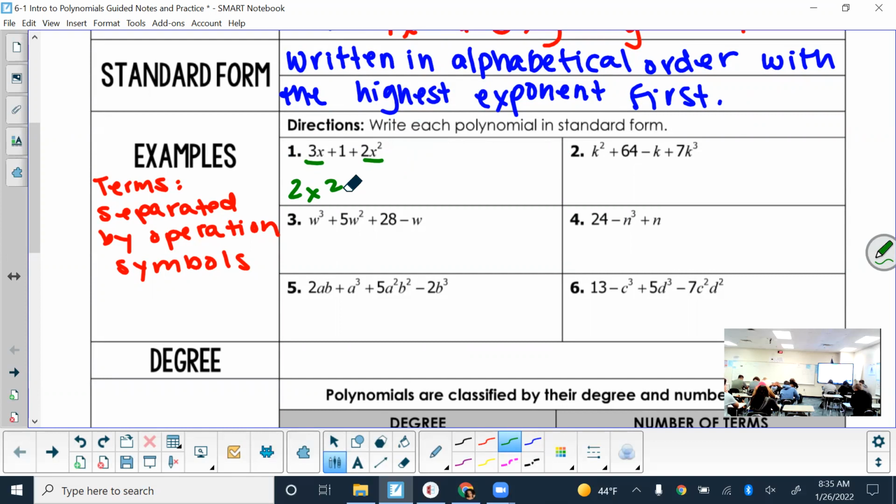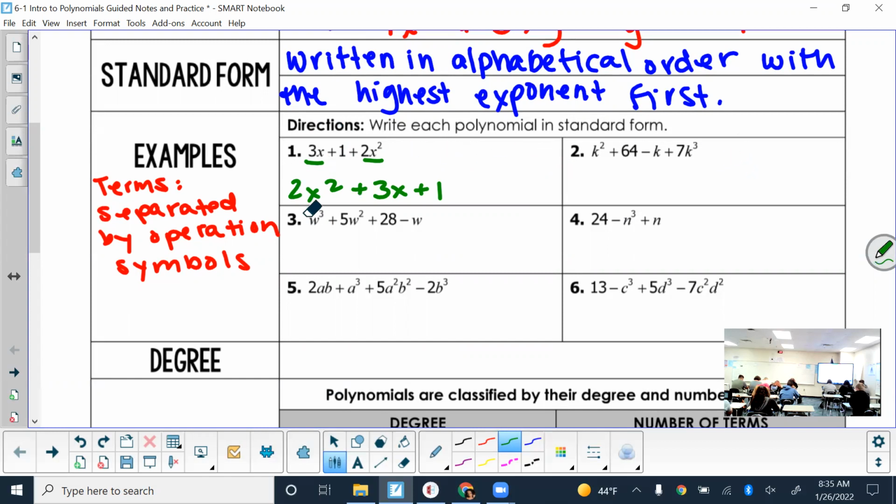Make sense? And then what would be written next? 3x, and if it's a positive 3x, make sure you put plus 3x. And then the only thing left that remains is 1. So a positive 1, put plus 1. Any constants, so single numbers, go last. Make sense?